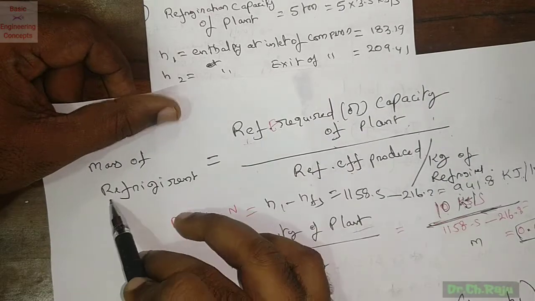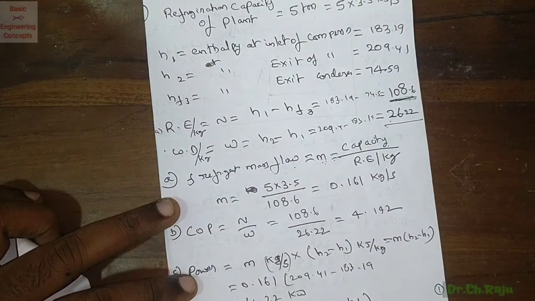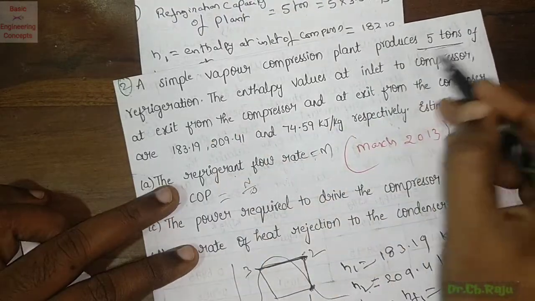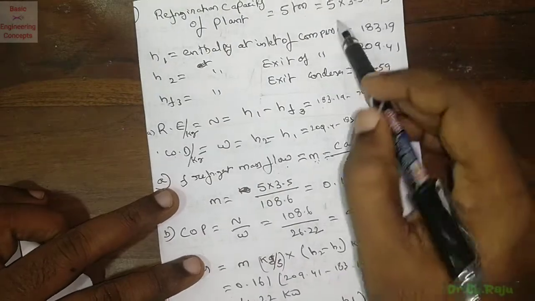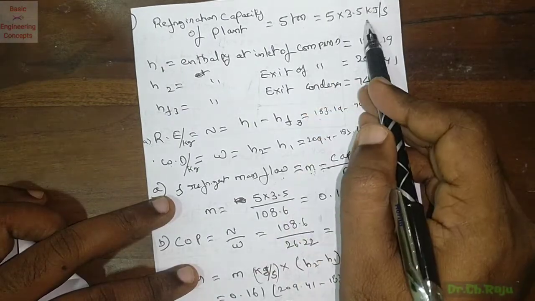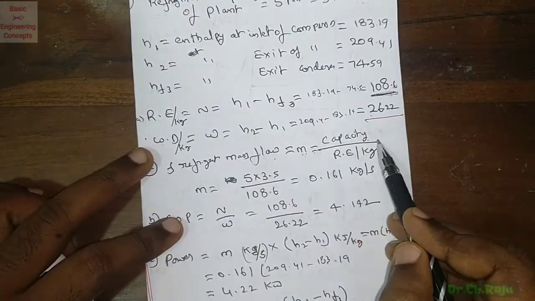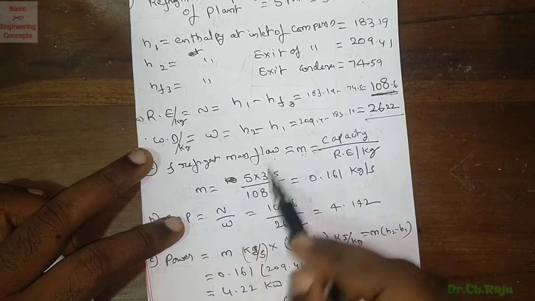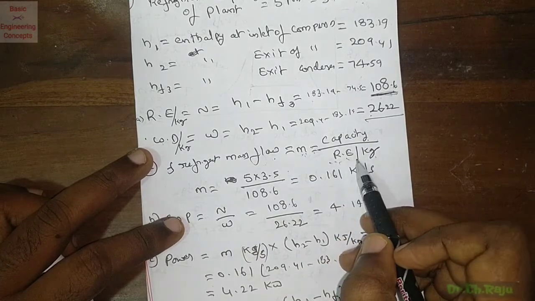The simple vapor compression plant produces 5 ton. This is the capacity of the refrigeration plant: 5 into 3.5 kilojoules per second, as tons are converted into kilojoules per second.